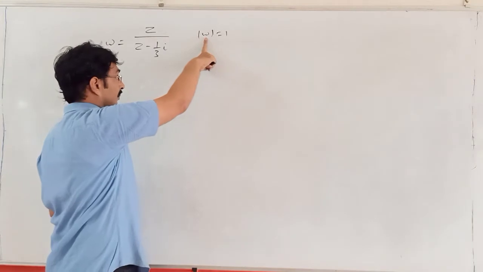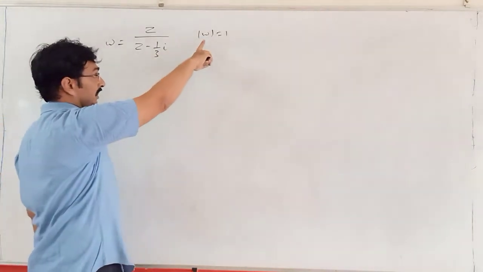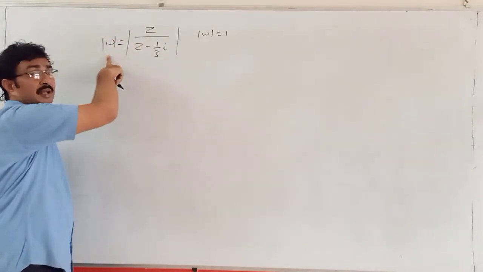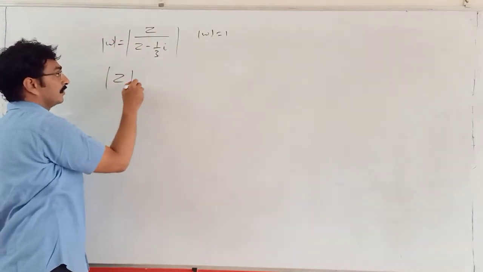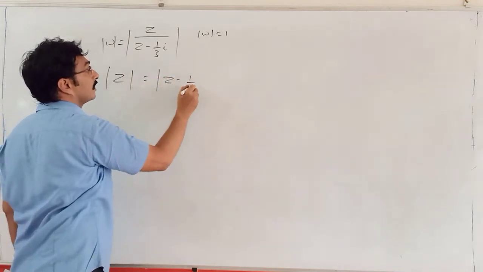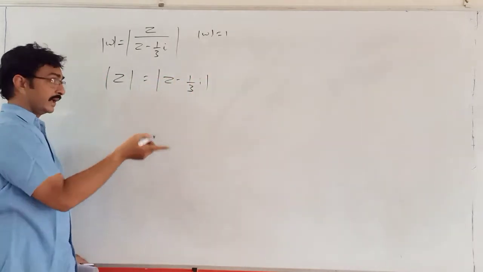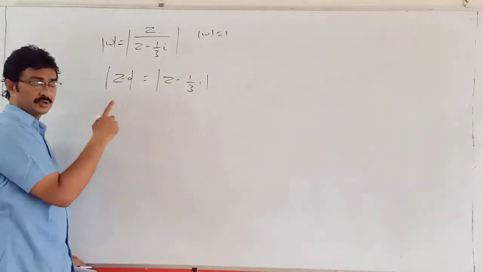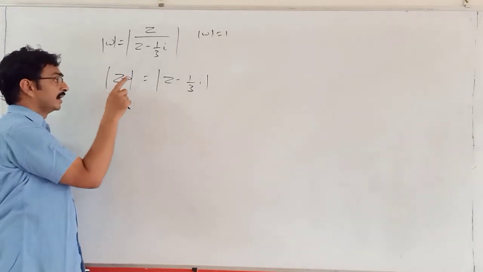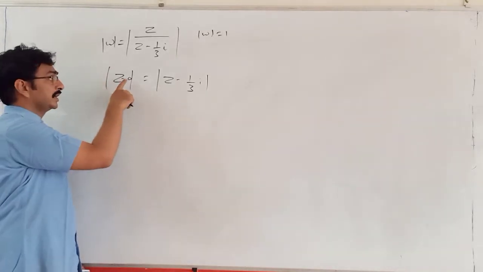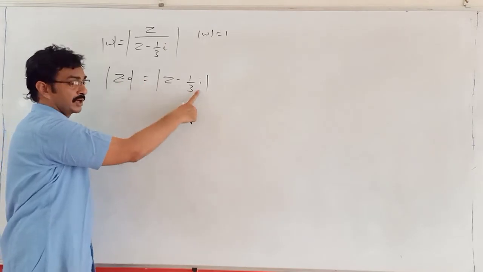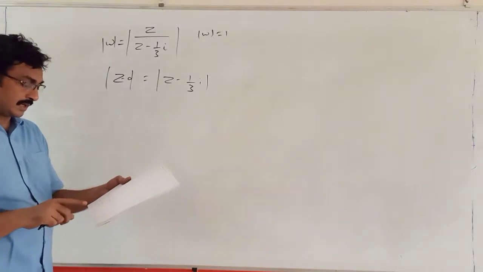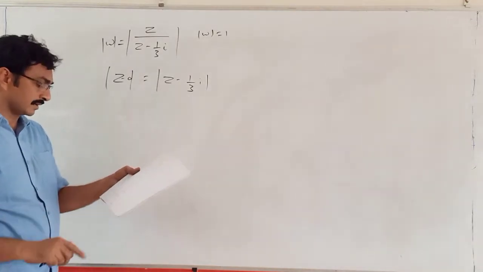Given that mod omega equal to 1, taking modulus on both sides, by cross multiplication, mod z equal to modulus of z minus 1 by 3i. Again this is in the form of modulus of z minus z1 equal to modulus of z minus z2, therefore locus of z is the perpendicular bisector of the line segment joining origin (0, 0) and the point (0, 1 by 3). So in this problem the options are the same, name of the locus, so straight line is the answer.